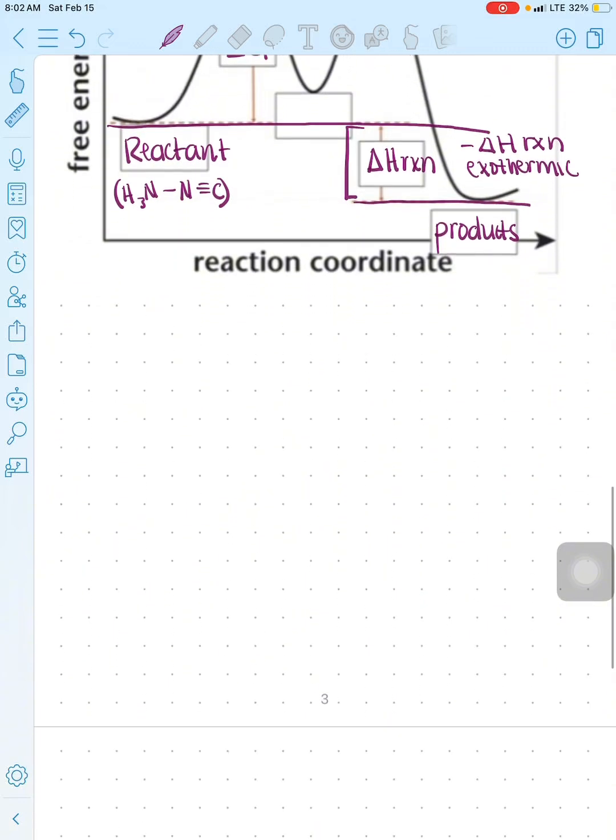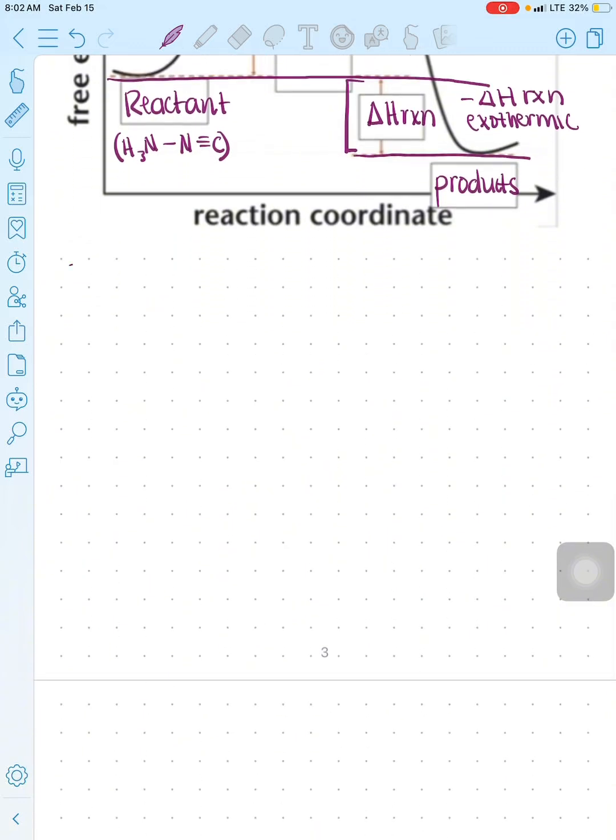I will come down a little bit so I can show you what it would usually look like if it's exothermic or endothermic. Say the diagram looks like this. This is the reactants, and this is the products. The dotted line is right here to show where the energy started.